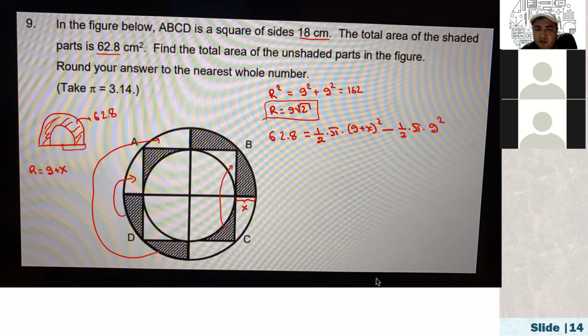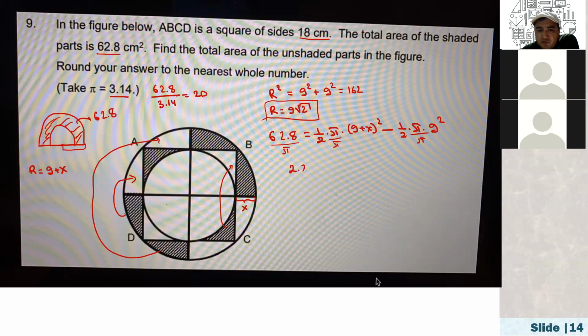Now from here, if you divide both sides by pi, where pi is 3.14, 62.8 over 3.14 is equal to 20. And also multiply by 2 because here we have half.